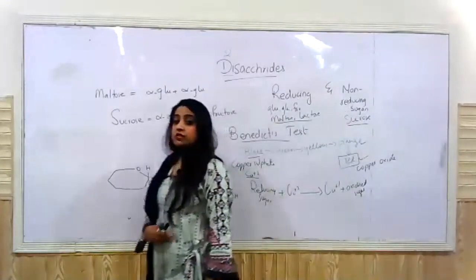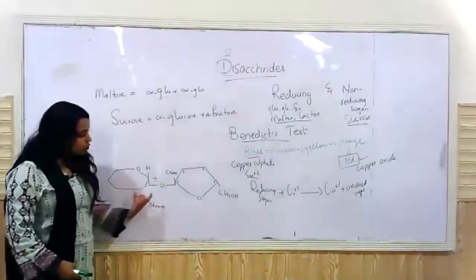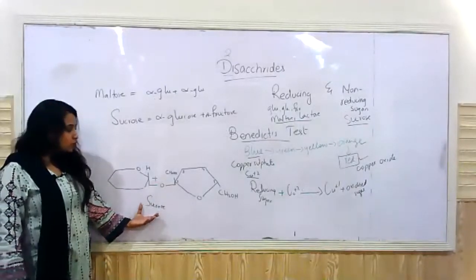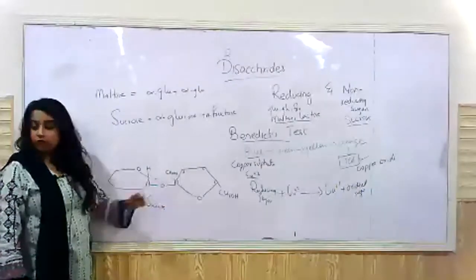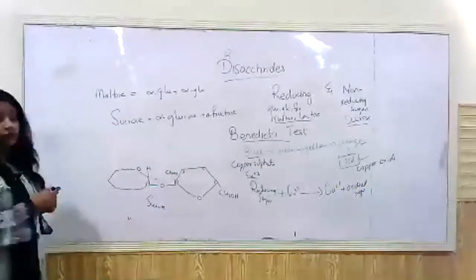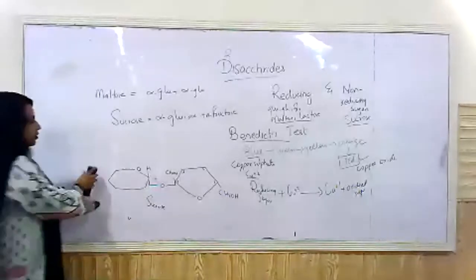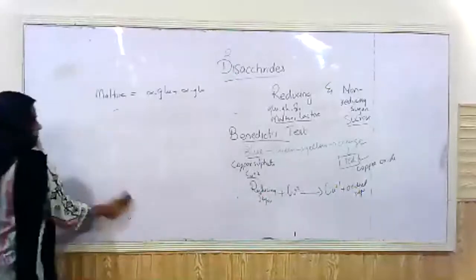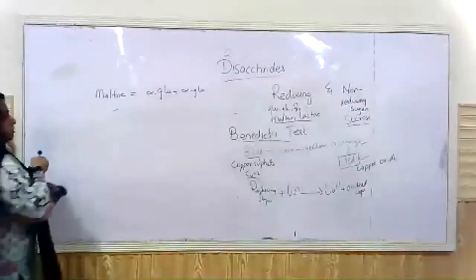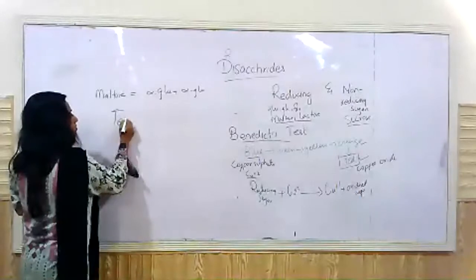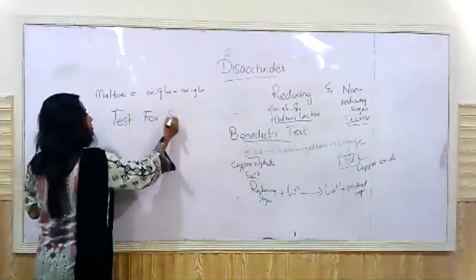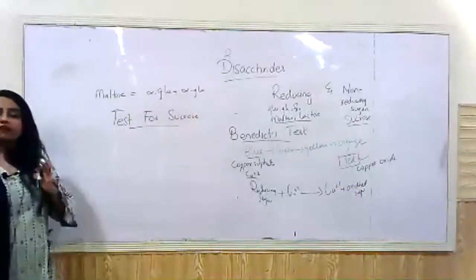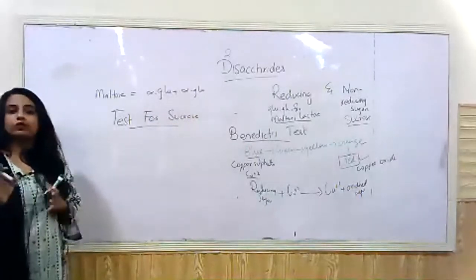Now, sucrose, as you know, is made up of two reducing sugars. Sucrose on its own is a non-reducing sugar, but sucrose is made up of what? Reducing sugars, right? So, to perform the test for sucrose, we will have to break the sucrose molecule down to its components.